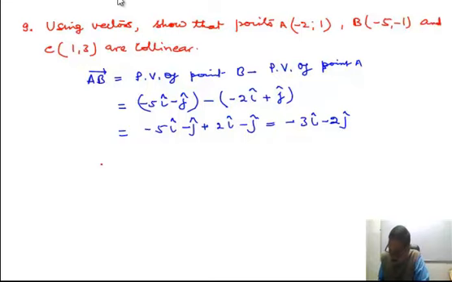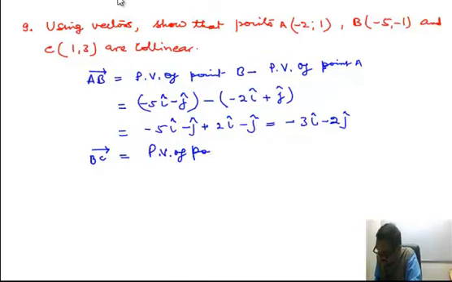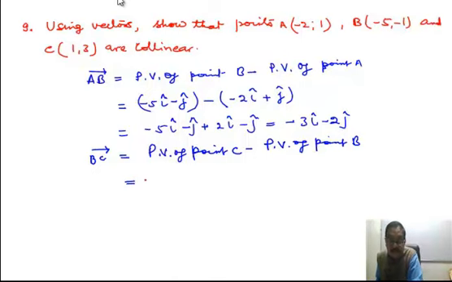Similarly, we can find vector BC. So vector BC will be equal to position vector of point C minus position vector of point B. Now point C is 1, 3, so it will be 1 i cap, that is i cap, plus 3 j cap, minus position vector of B, since coordinates are -5, -1, so it will be -5 i cap minus j cap.